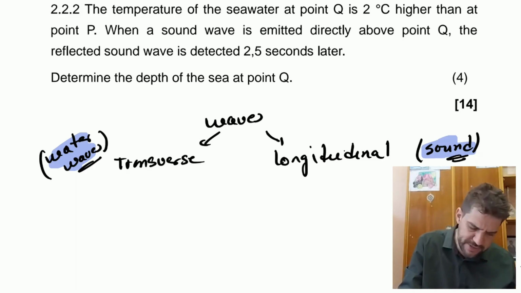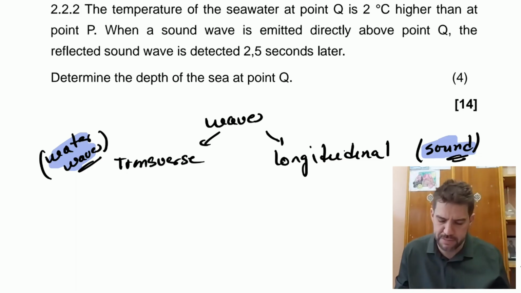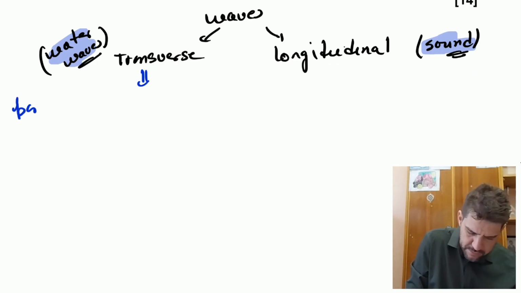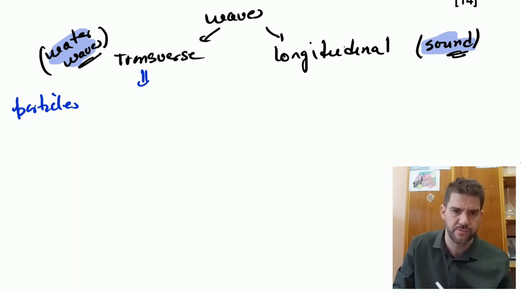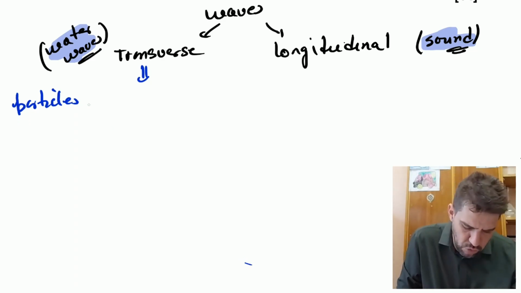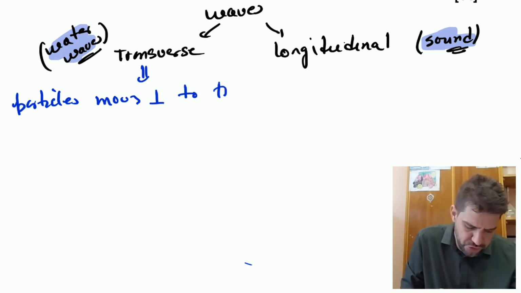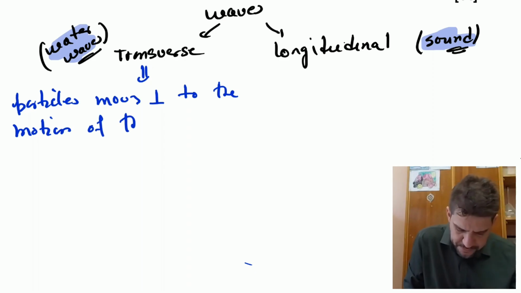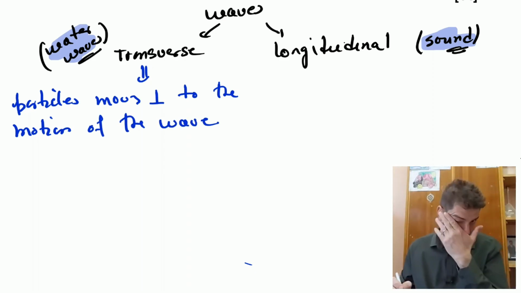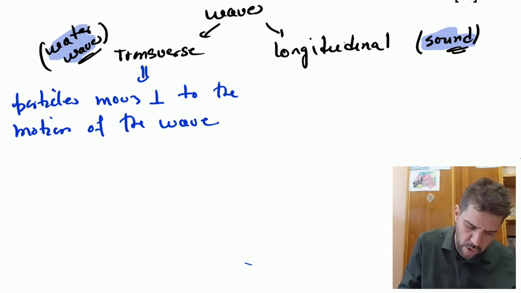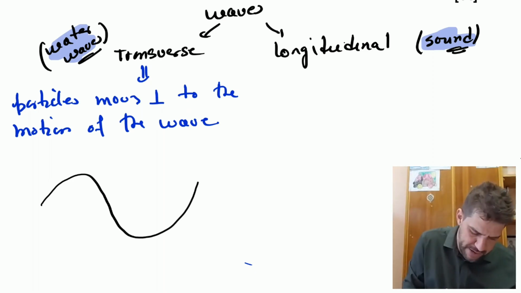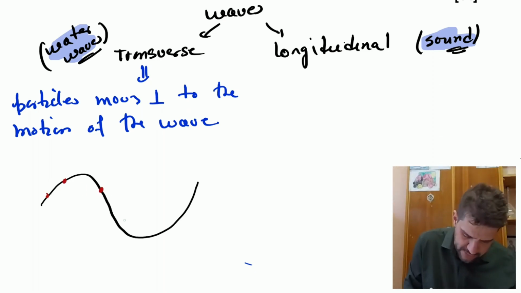Now, a transverse wave. When is a wave going to be transverse? When the particles move perpendicular to the motion of the wave. So in other words, if we have a wave represented, which I'm going to draw just part of, that one is made of many particles.